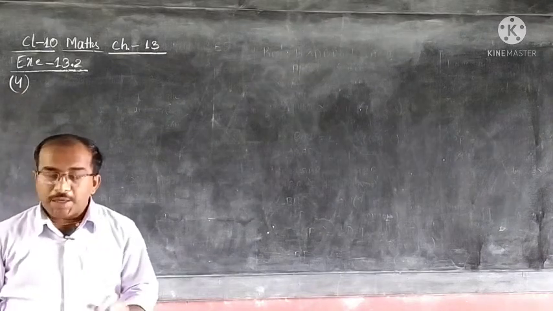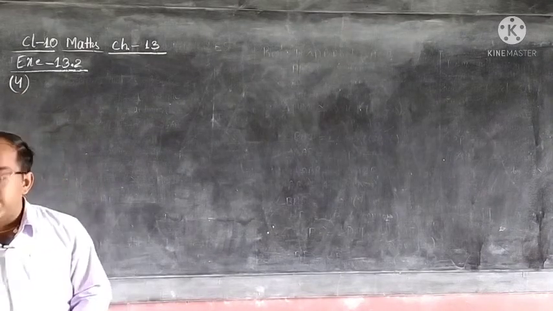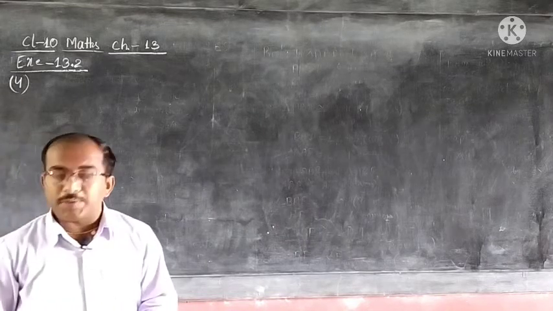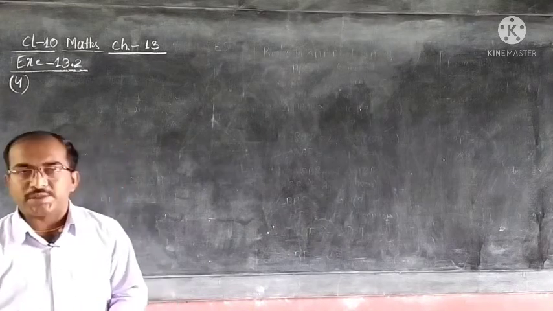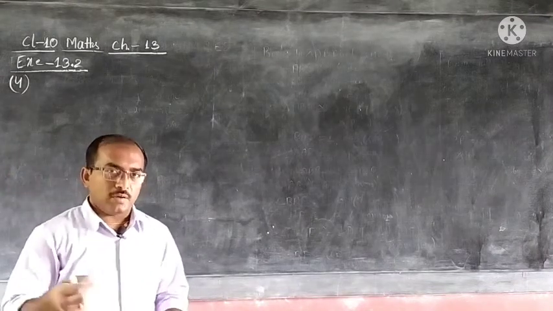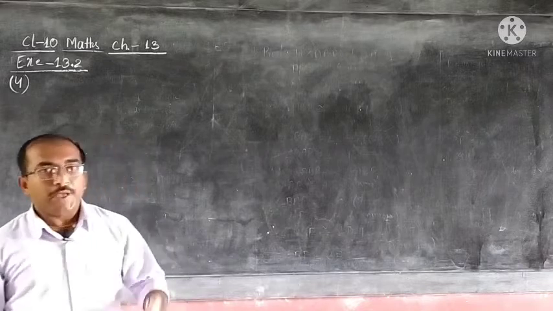A pen stand made of wood is in the shape of a cuboid with 4 conical depression to hold pens. So, this is very common thing we may have on our study table, a pen stand.